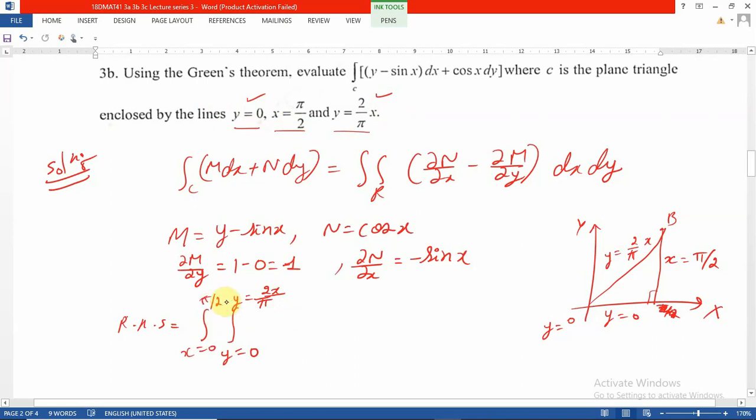Now substitute the values. Yes, friends, dou n upon dou x is minus sin x, so I'll just substitute here minus sin x, then minus dou m upon dou y is 1. Then first always interchange this dy and dx.